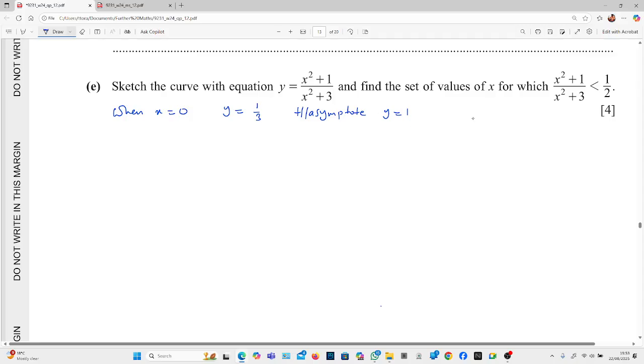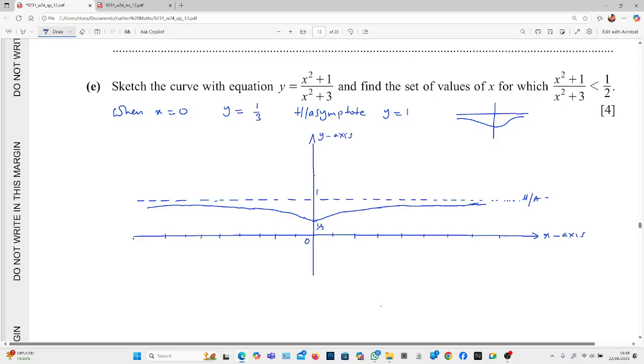So now the curve is going to look something like this. Alright, let me just try my best here. So this is what I get for the sketching of the curve with all the points and markings.